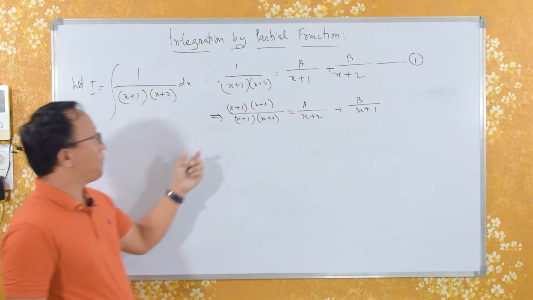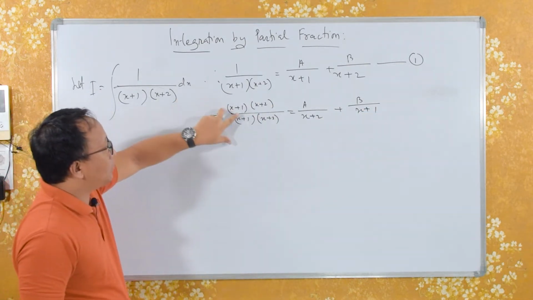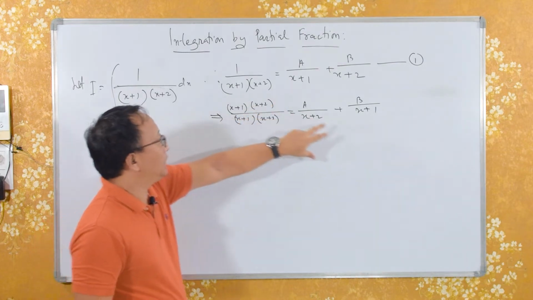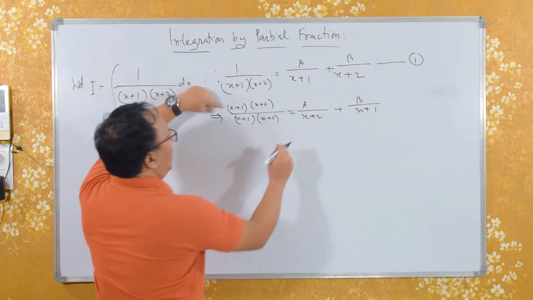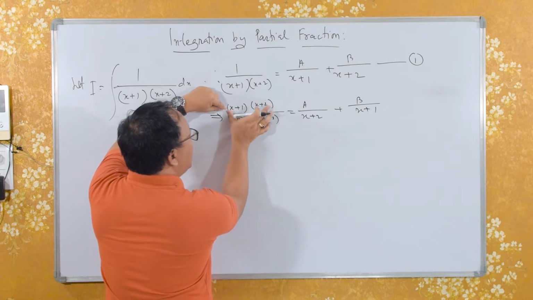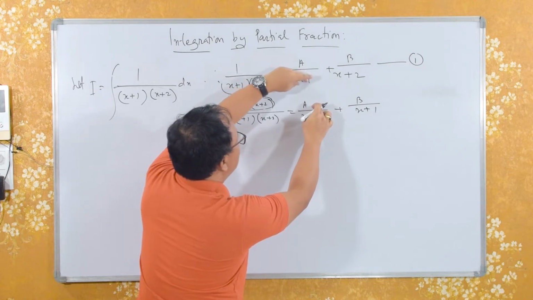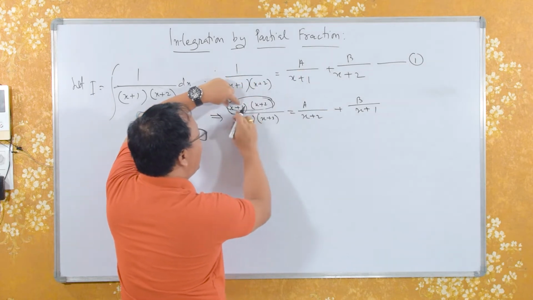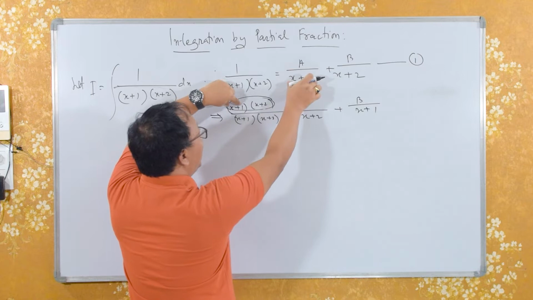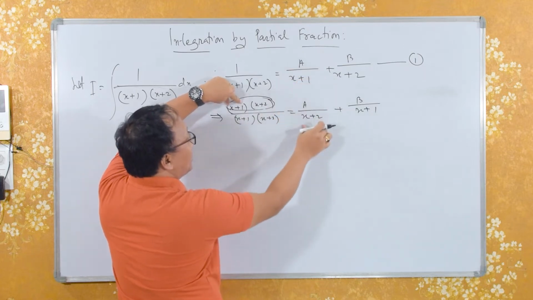Let me repeat again. I am multiplying (x plus 1) and (x plus 2) on both sides of these equations. If I bring this whole term over here, down I have x plus 1, up I have (x plus 1) into (x plus 2). So x plus 1 and this x plus 1 will get cancelled, so I have x plus 2.